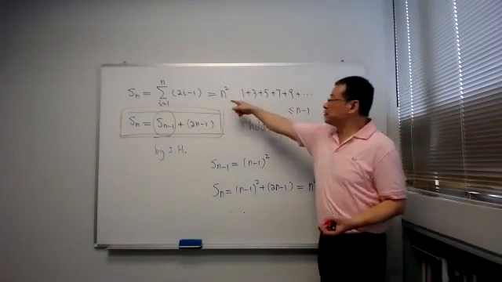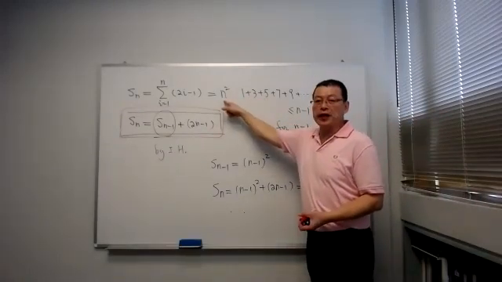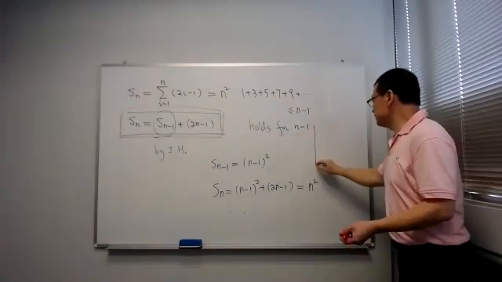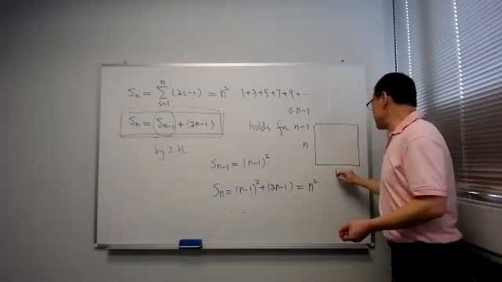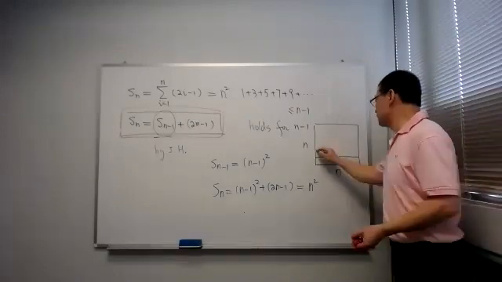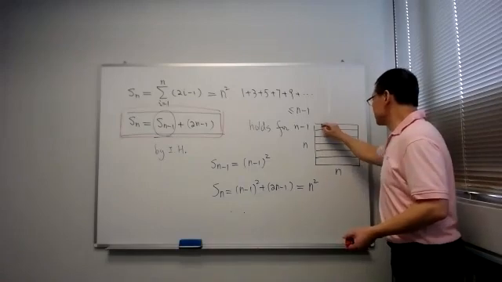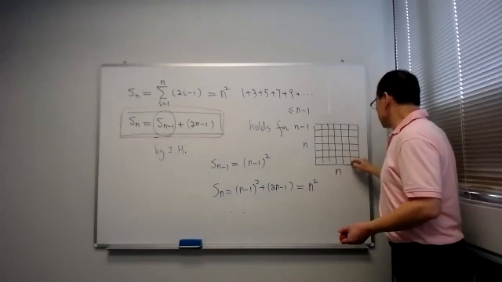Of course, this one, there are easy way to prove that their sum equal n squared. One way is to look at this. Look at an n times n grid. One way to do it is you look at this, okay?